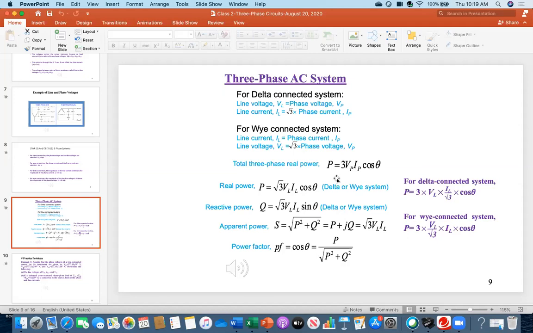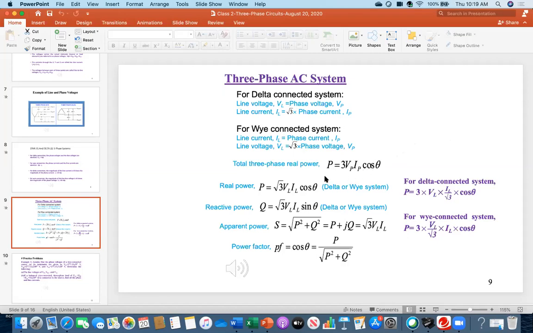On the nameplate of the machine, you will see it is written that the line voltage is, for example, 208 volts, frequency 60 hertz, temperature withstanding capability. There will be various nameplate data. Therefore, voltage is always expressed in terms of the line voltage, not the phase quantity.